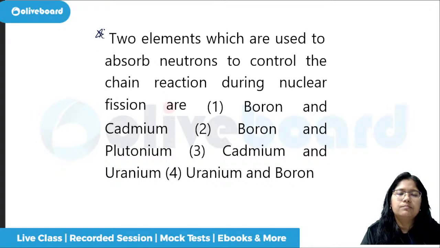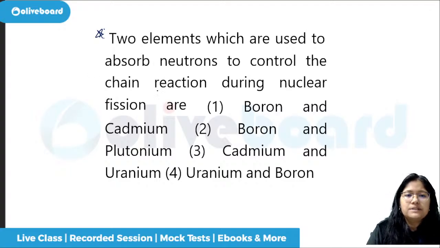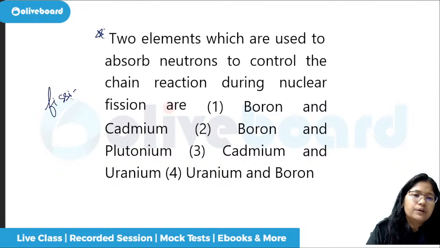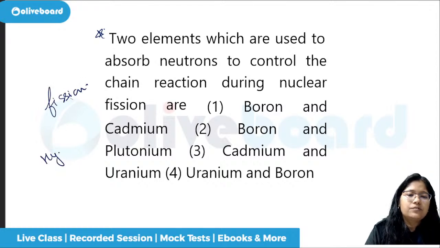Read the next question. Two elements which are used to absorb neutrons to control the chain reaction during the nuclear fission is. What happens in the nuclear reaction? We have fission. What happens in case of a hydrogen bomb, that is far more dangerous?